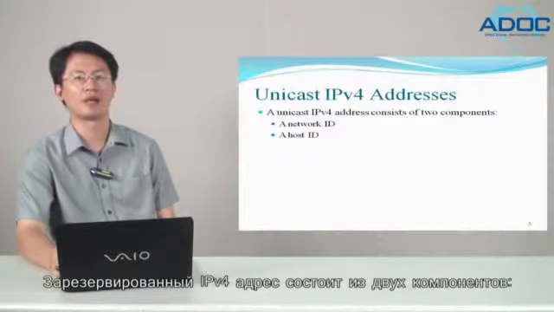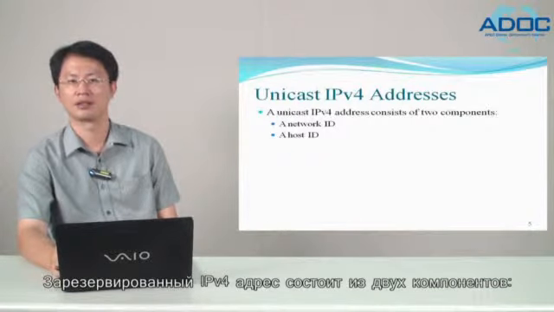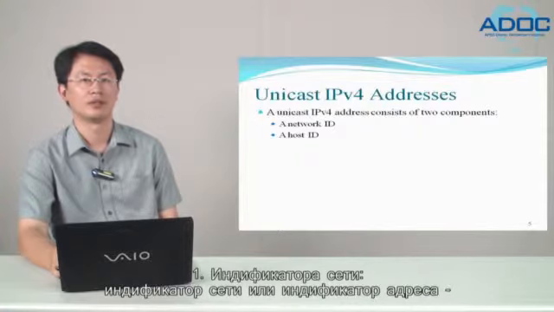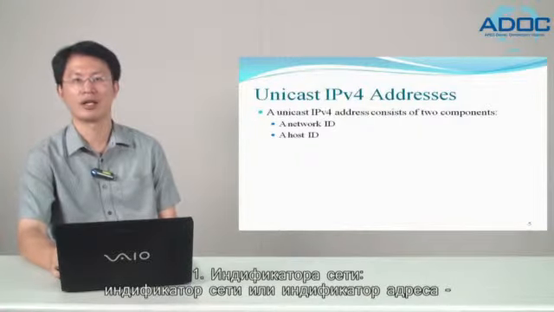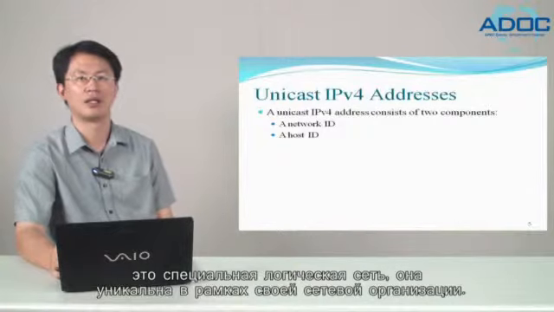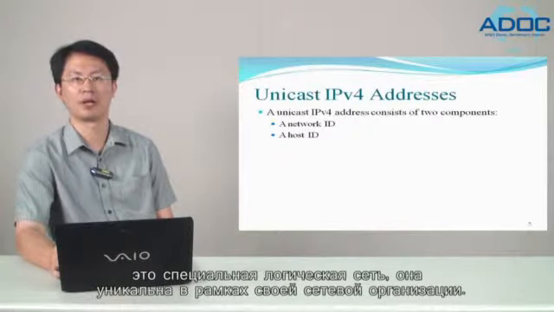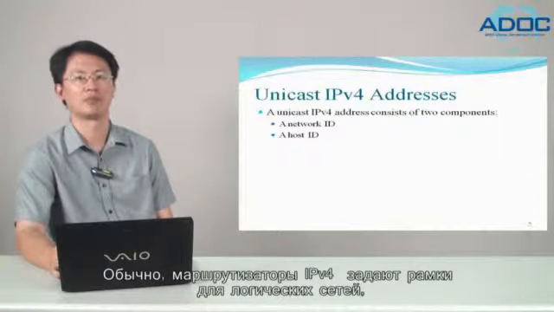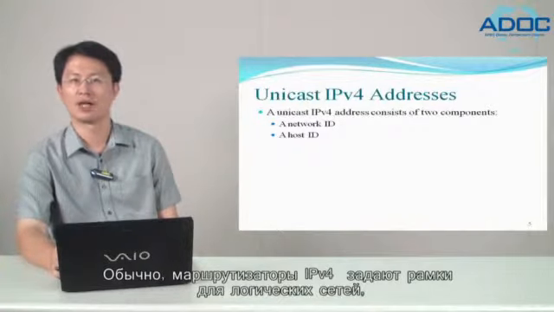A unicast IPv4 address consists of two components. First, a network ID. The network ID or address identifies a specific logical network and must be unique within the boundaries. Typically, IPv4 routers set the boundaries for a logical network.